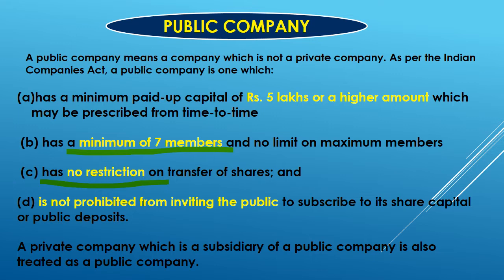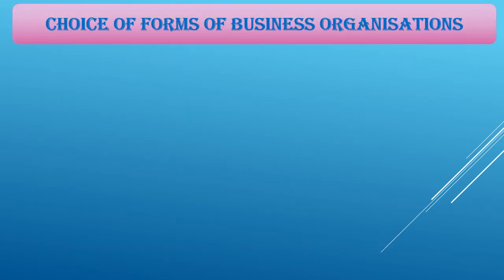Definitely, a public organization can sell the shares. There is no reason that the organization cannot sell the shares. Then it can also call the public to subscribe to the share capital and buy the shares. All these are the advantages or benefits of a public company, but the risk factor is higher.